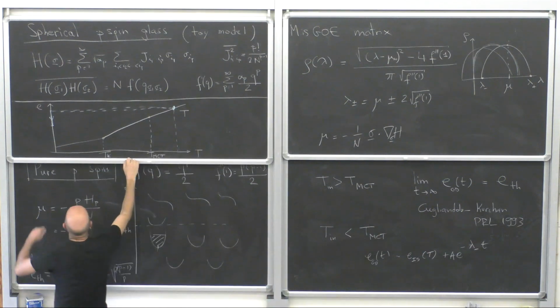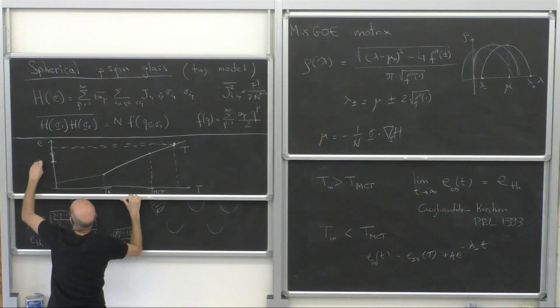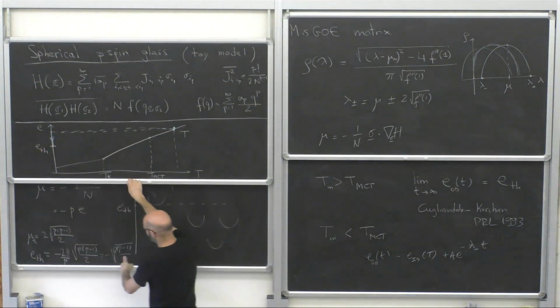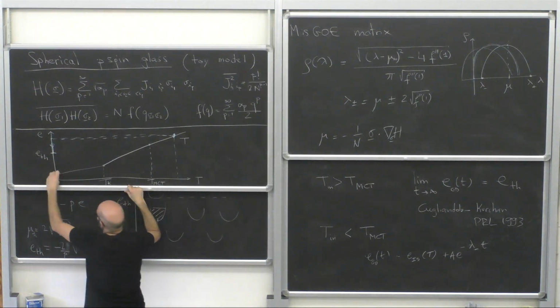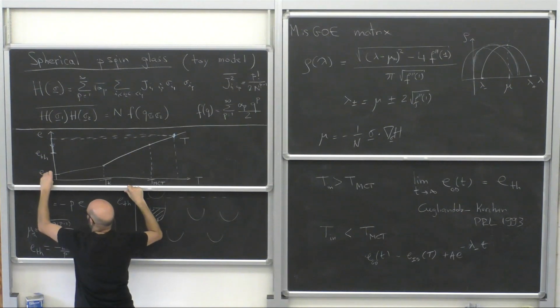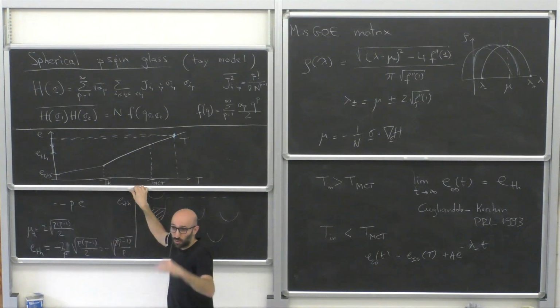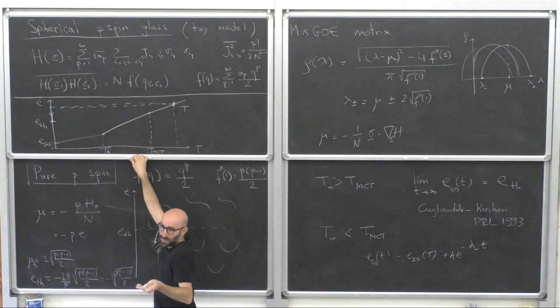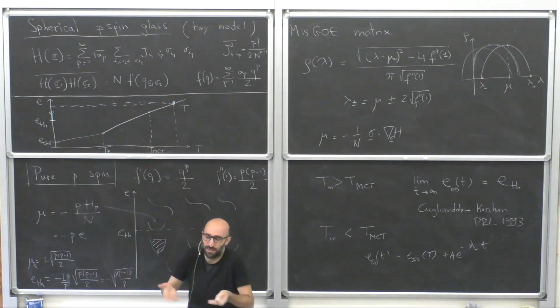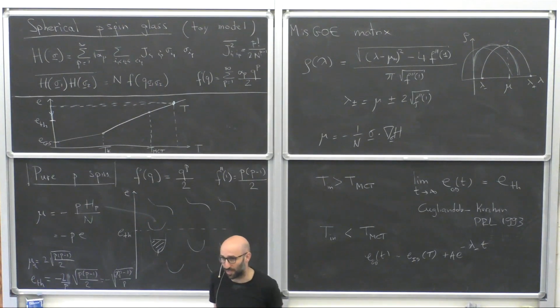Sorry, I forgot to say that the threshold energy that you can compute is bigger than the ground state energy. So in principle, at zero temperature, if you are in equilibrium, you should go to the ground state.